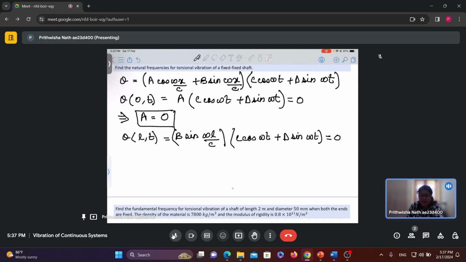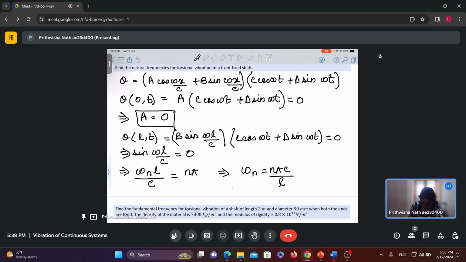Now what can we write from this is sin omega L by c equals 0. So this can be written as omega n L by c equals n pi. So from this we can say omega n equals n pi c by L.